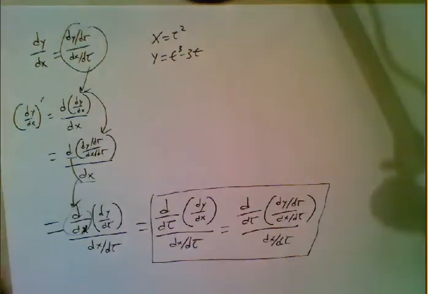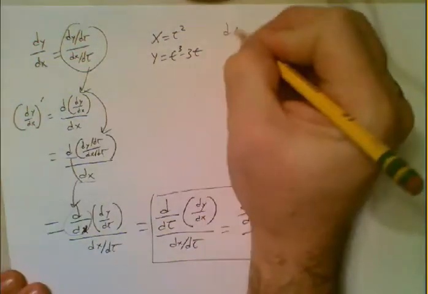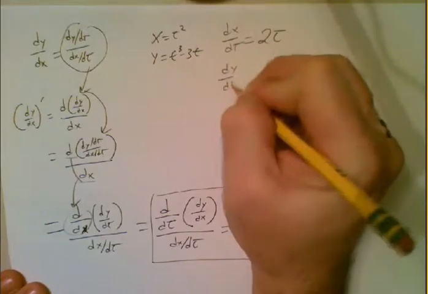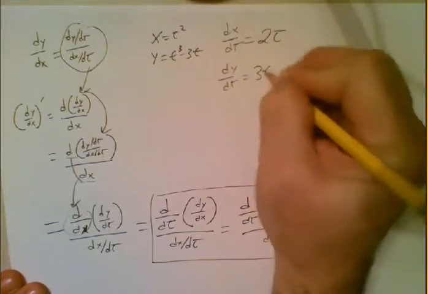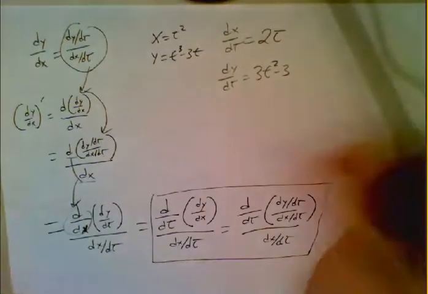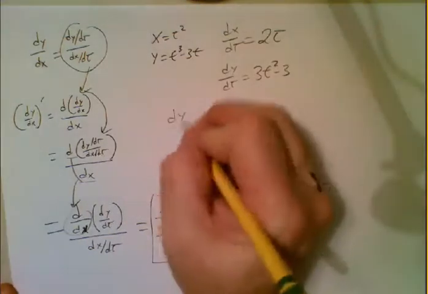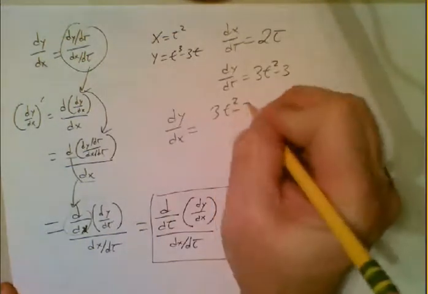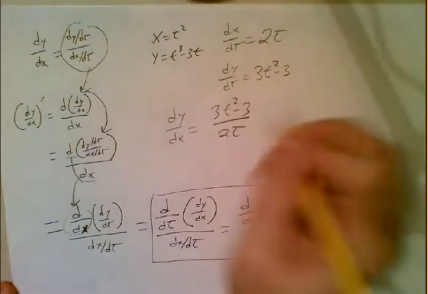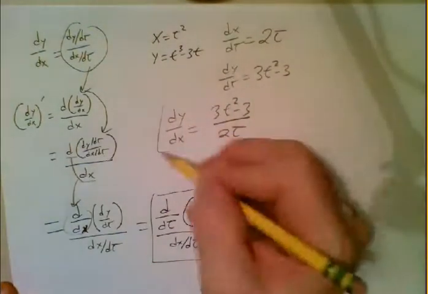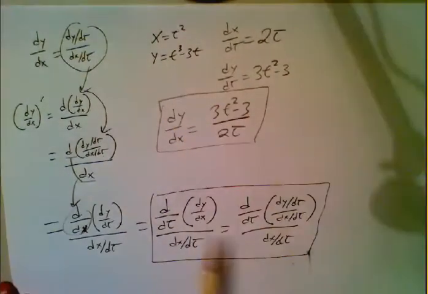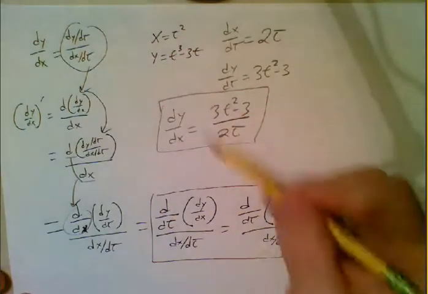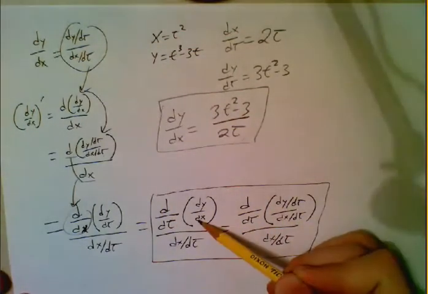So if x is t squared, then dx/dt is 2t. dy/dt is 3t squared minus 3. Okay? So dy/dx is going to be dy/dt over dx/dt. And we did this in class, so this part was already done. There's your dy/dx. To find my second derivative, I'm going to take the derivative of dy/dx with respect to t, which is already here.